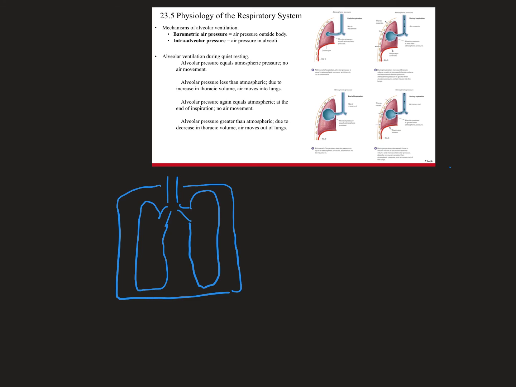Okay. Now, I told you that in order to deal with moving air, we have to have pressures to compare, right? So the two pressures that we're going to work with are barometric atmospheric pressure and intra-alveolar pressure.